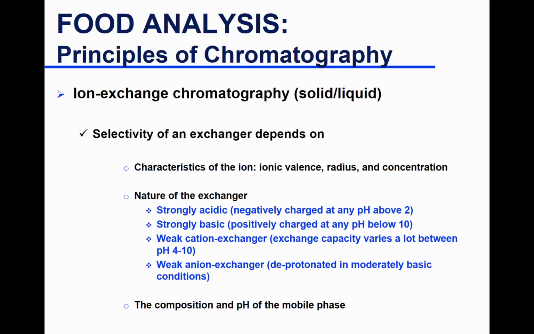By changing the pH, you're changing if they are negative or positive. So let's say they are negatively charged at pH 6, and then you start decreasing the pH, that means you're adding protons, then they lose their charge, they become protonated. So you lose capacity, you lose selectivity, sorry.